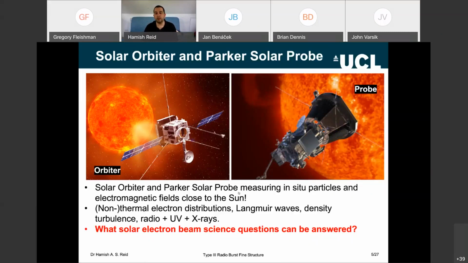And we can combine not only the in situ measurements, but also the remote sensing measurements from radio and from Solar Orbiter, as well as the ground-based observatories like LOFAR, and really try and understand exactly what's happening as these electron beams travel out from the sun.